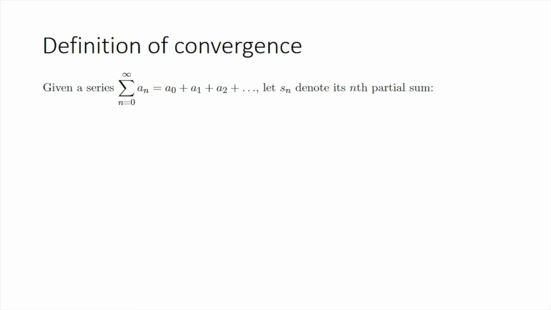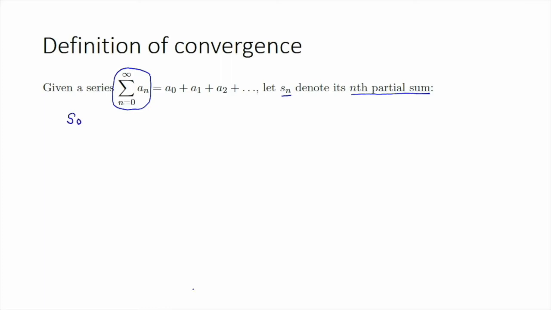So we're now going to define what we mean by convergence of a series. Suppose we have this infinite series, which is a0 plus a1 plus a2 plus dot dot dot. We define the nth partial sum using the notation Sn in the following way.